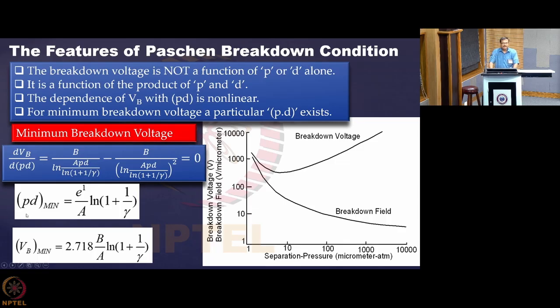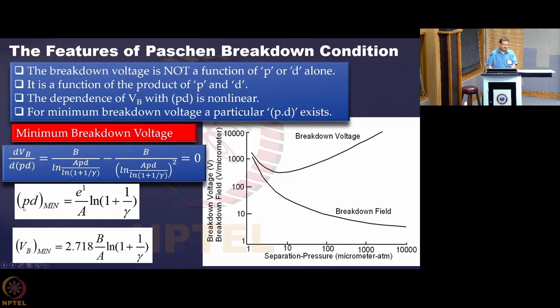So if you have a high pressure system, then you can break down a very small gap for that minimum PD, so that requires a very small discharge gap.